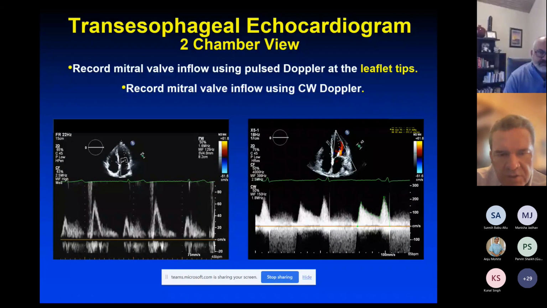And then while in the two-chamber view, please also obtain both pulse wave Doppler as well as continuous wave Doppler assessments of mitral inflow velocities, with the pulse wave Doppler interrogation sector being placed at the tip of the mitral valve leaflets, and the continuous wave Doppler interrogation line being run through the middle of the mitral valve.